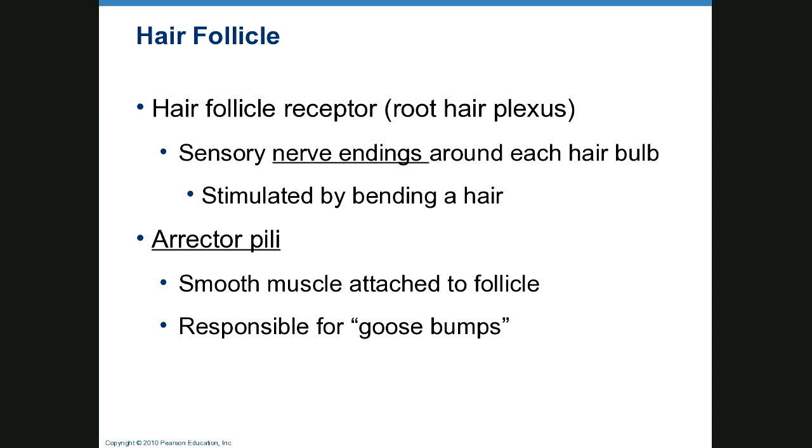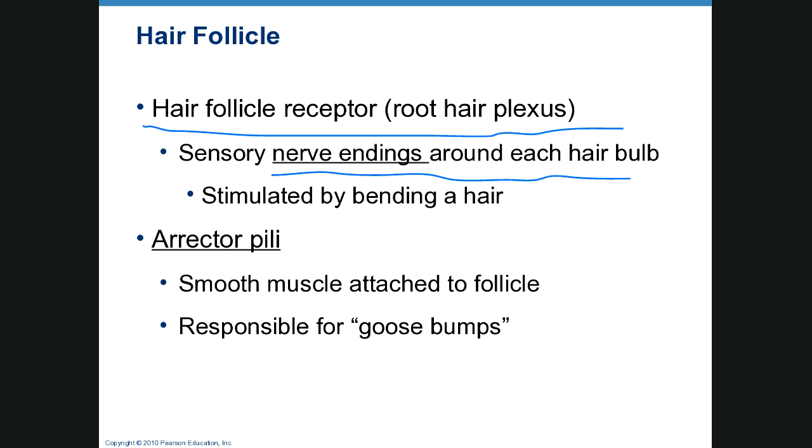And it also has a hair follicle receptor or root hair plexus, where we have sensory nerve endings around each hair bulb. They're stimulated by as little as bending of a hair, and that allows you to feel when you have bugs on you. Also, if someone pulls your hair hard, you can definitely feel that.